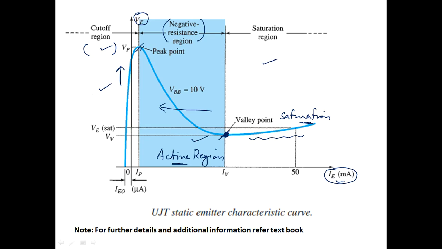In the cutoff region, the current is extremely small, practically almost zero. Then it increases, and finally it will saturate.